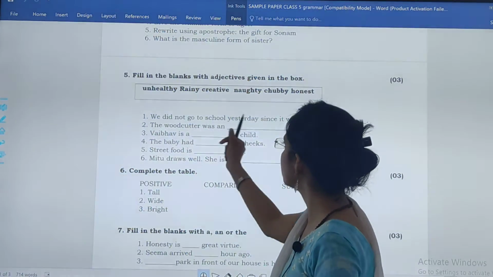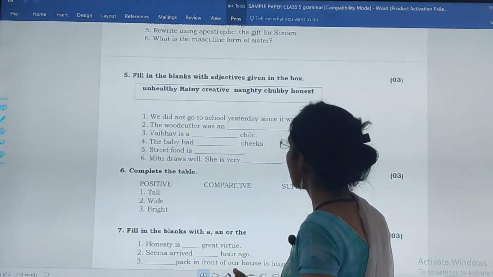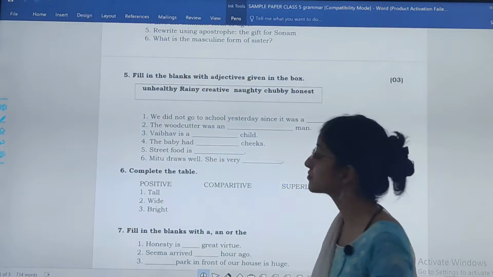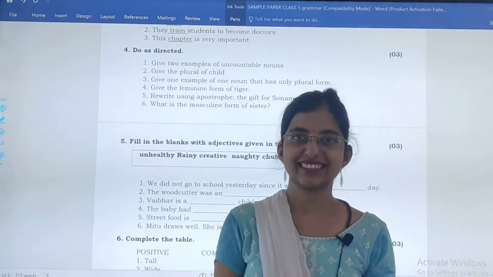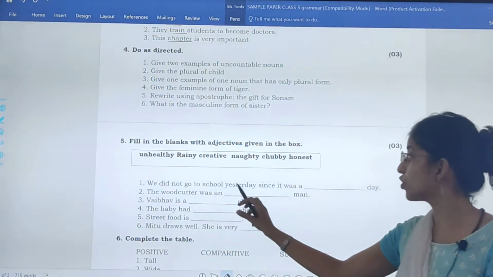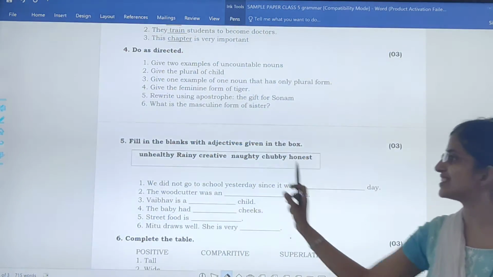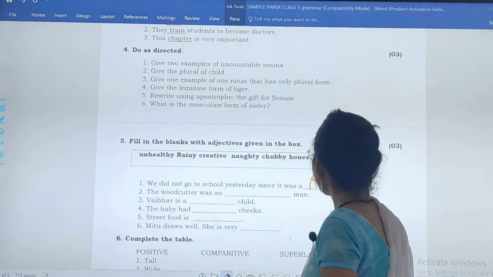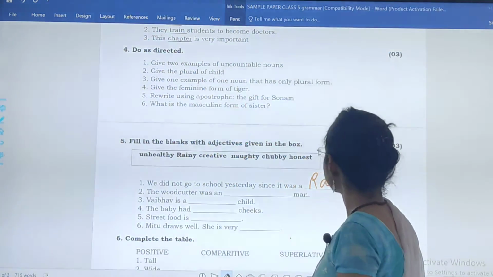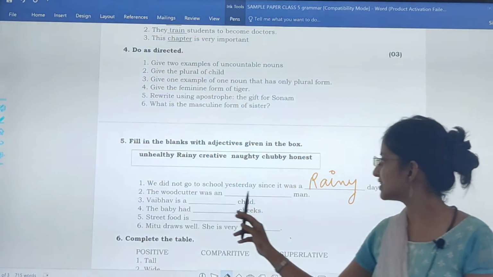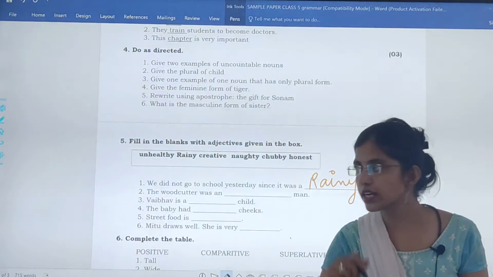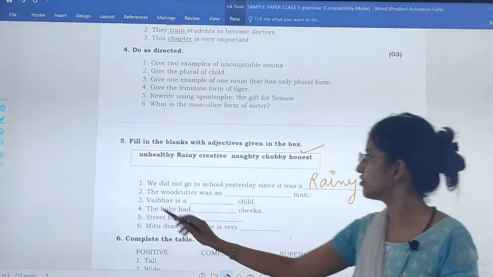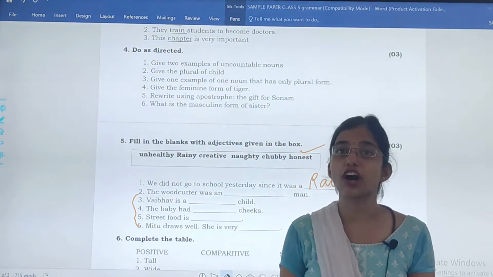We did not go to school yesterday since it was a rainy day. R-A-I-N-Y, rainy day. The woodcutter was a dash man. It was an honest man. Here it is, honest. 3, 4, 5, 6 is your homework.